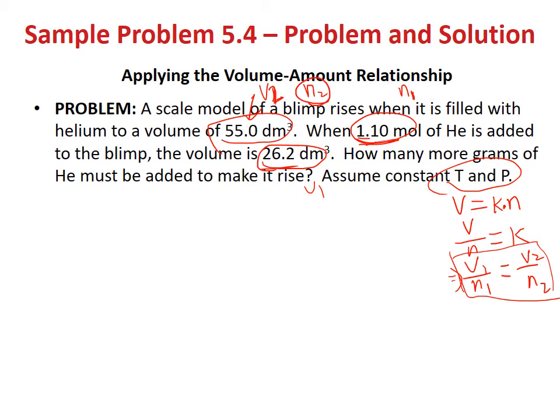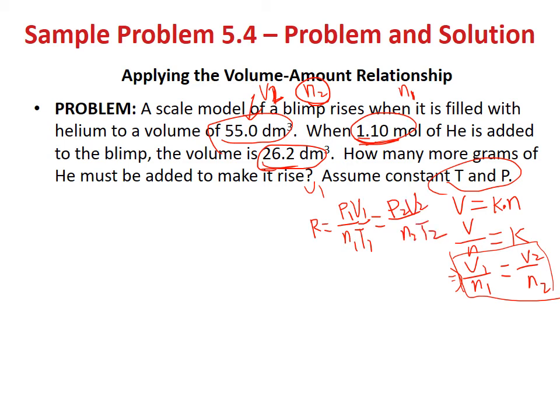So combine the gas laws as the ideal gas law, PV equals nRT. So R equals PV divided by nT. For condition 1, P1, V1, N1, T1. Condition 2, P2, V2, N2, T2.